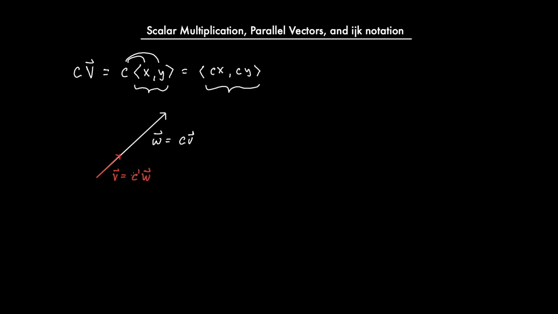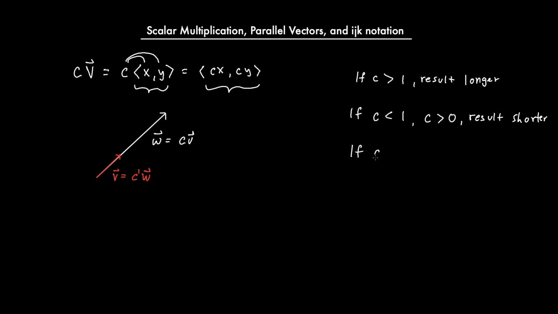Now, if the scalar is bigger than 1, then the resultant vector will be longer than the original vector. If the scalar c is less than 1, but greater than 0, the result is shorter than the original vector. Now, if the scalar is 0, well, this would result in the 0 vector.